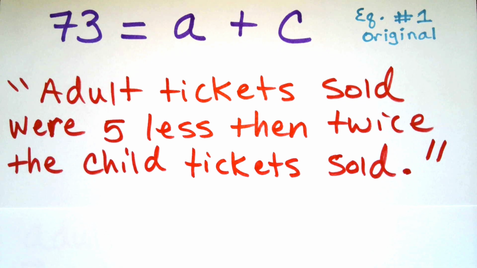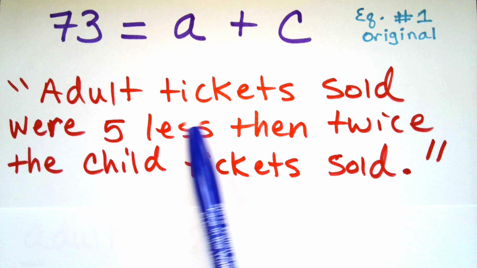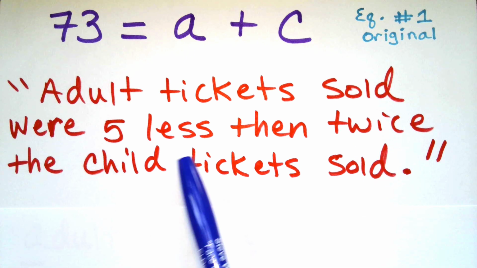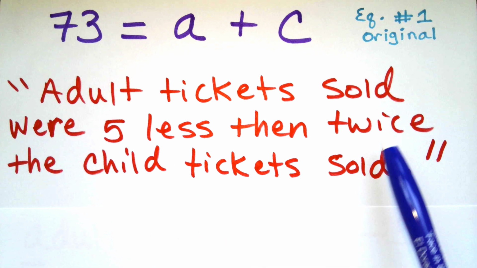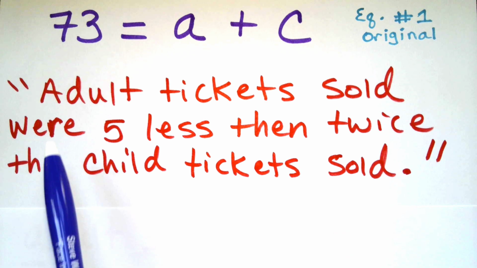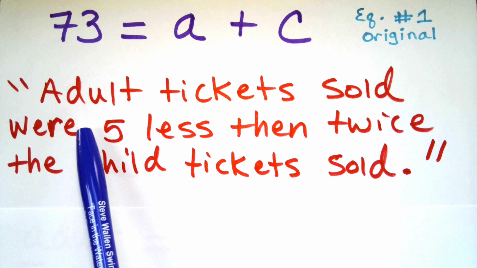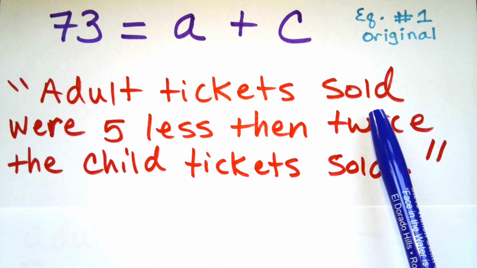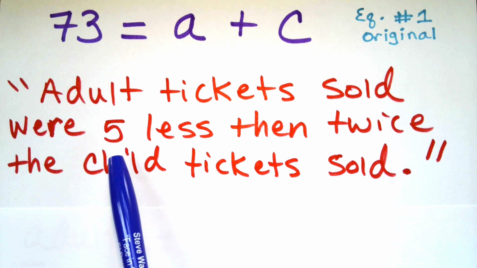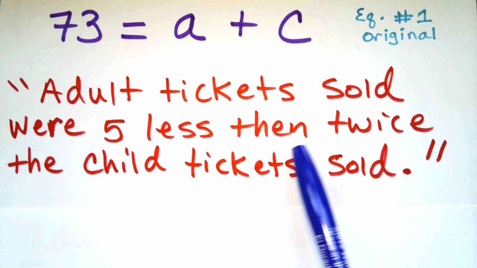All right, and looking over the rest of the test question, in red, I had written adult tickets sold were 5 less than twice the child tickets sold. So let's read this again a little bit slower. The adult tickets sold, A, is going to be equal to 5 less than twice.